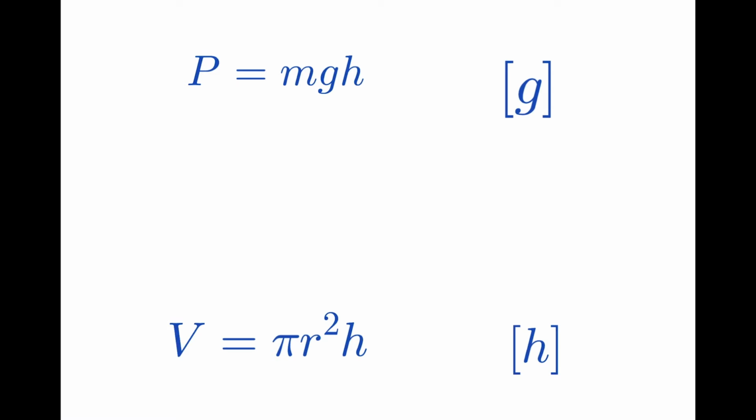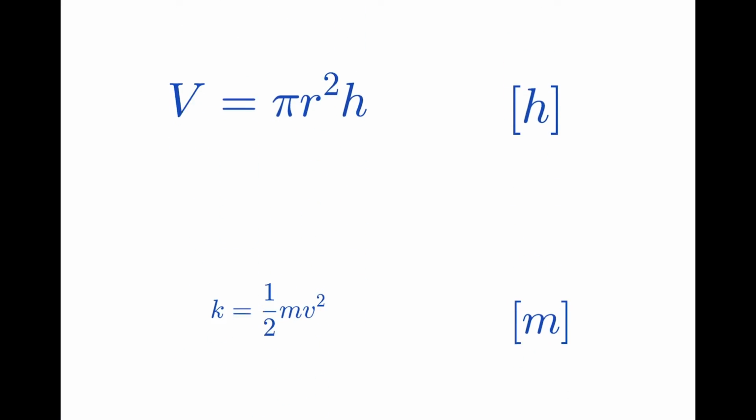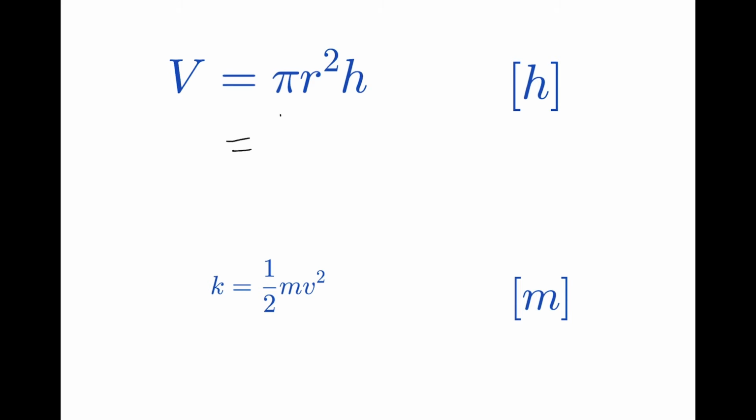So you just need a g, so continue. You don't need the rest of the things, so just divide it on the other side. Same here, you just need an h, so you just divide it on the other side. By the way, do you know what is pi r square h?